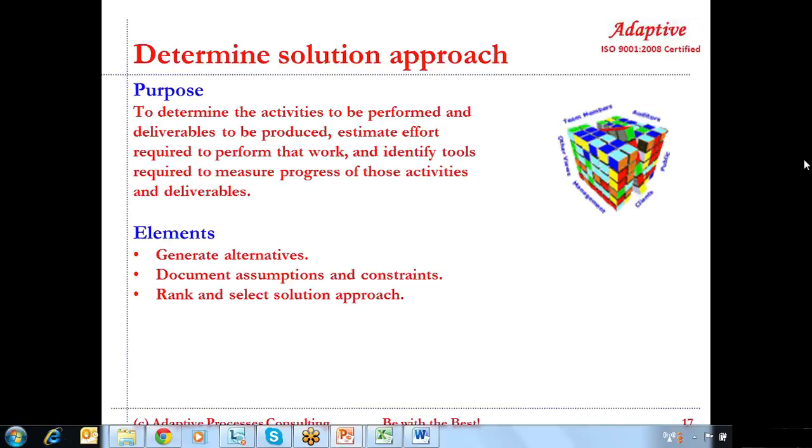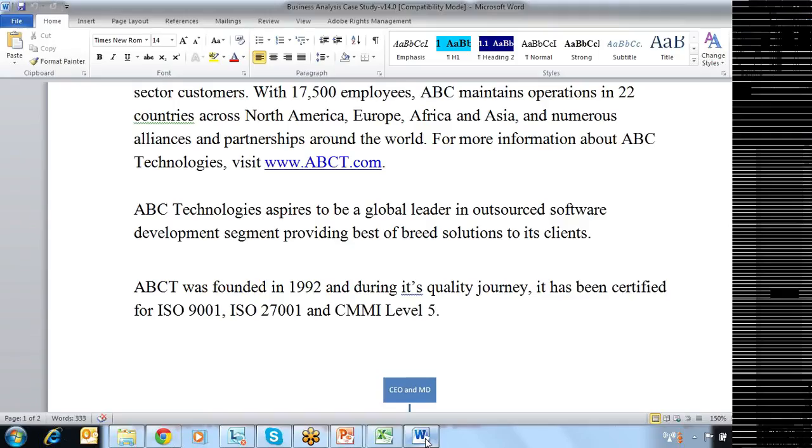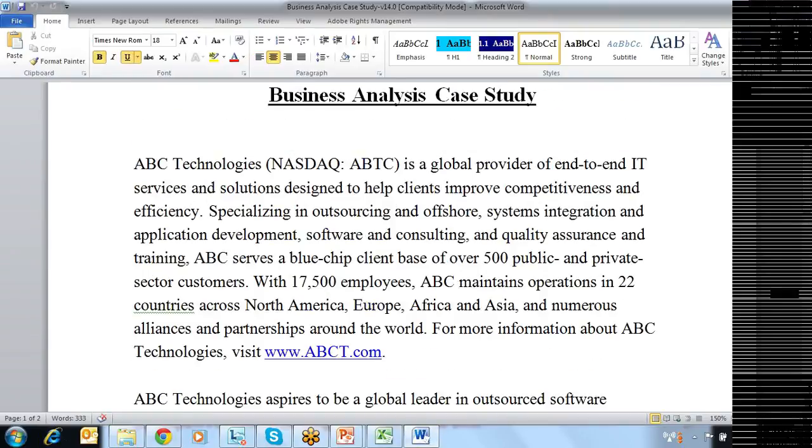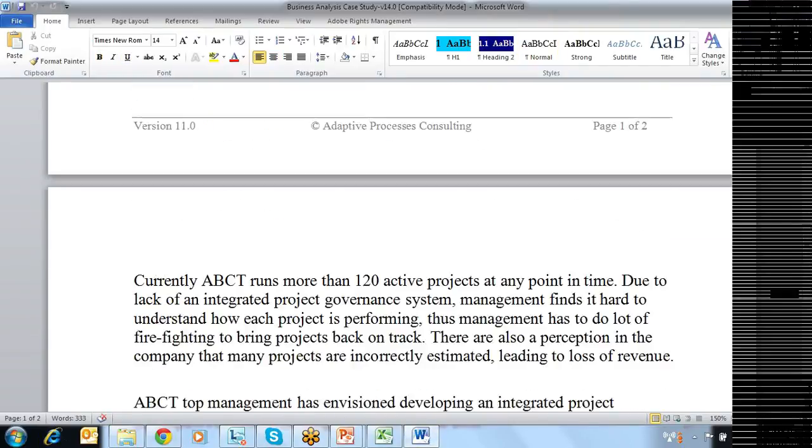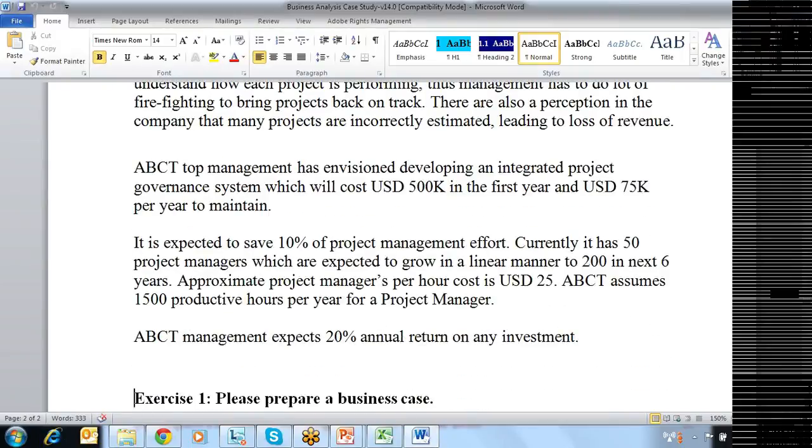Correct. So what we are trying to say here is, we did an analysis, we are trying to build a business case, but while doing so, we also have to identify certain approaches. If we know there are certain approaches that we can follow in terms of identifying a solution, we'll do that. Say for example, in one of these case studies, the case study that I've shared with you, it clearly says the projects are running late, and currently it has 50 project managers, which are expected to grow linearly to 200 in the next 6 years.